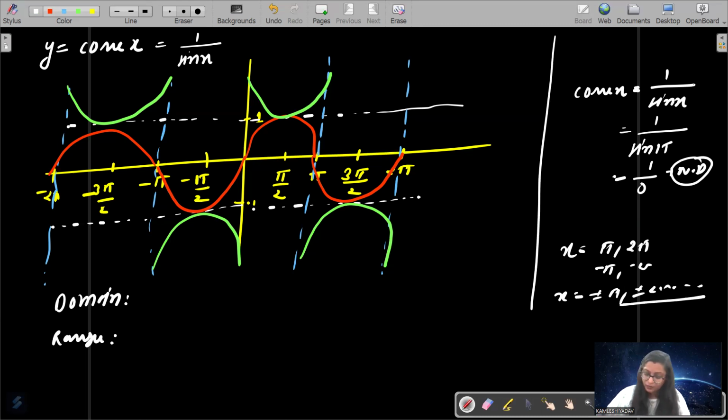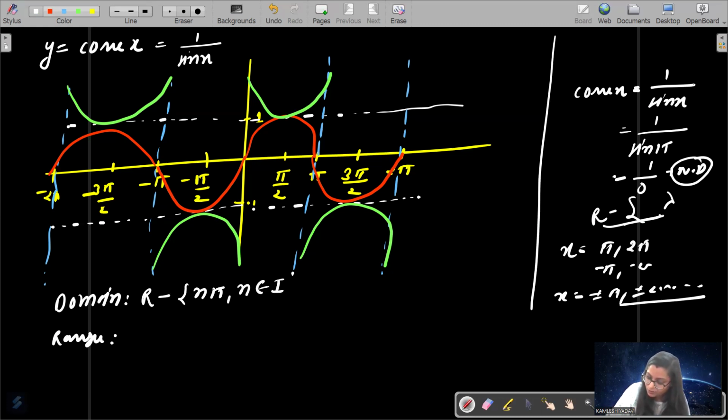So our domain is obtained when we subtract these points of x from R. The domain is R minus n pi, where n belongs to the set of integers. And what about the range? Our curve lies in all of R, except the interval from -1 to +1. Therefore, the range is R minus (-1, 1).